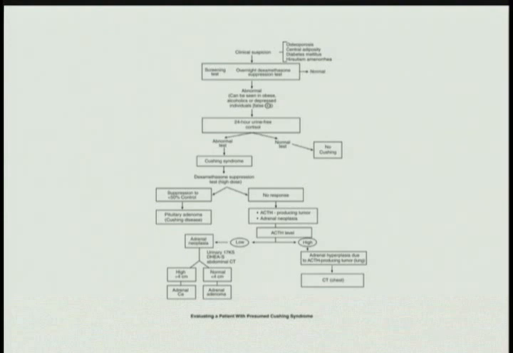Now, they may also ask one more question about Cushing's syndrome on the boards, and that is, they may ask you, are these two patients clinically different? And the answer is yes, because these patients here with lung cancer have elevated ACTH levels, they have hyperpigmentation.